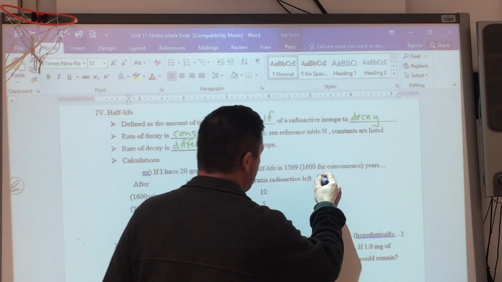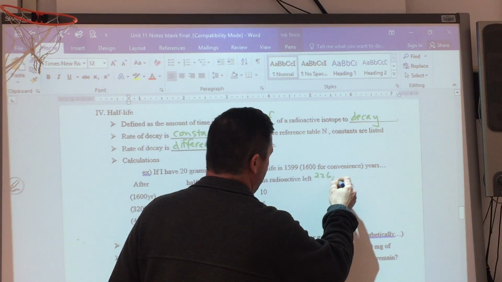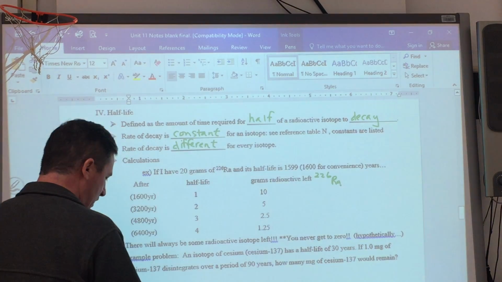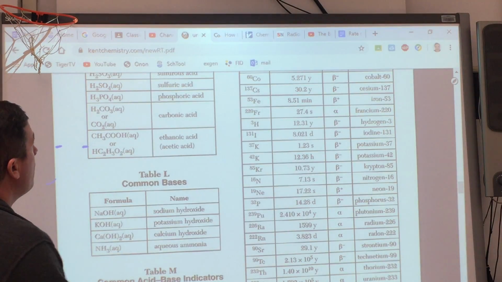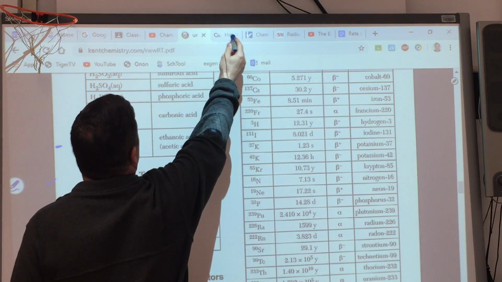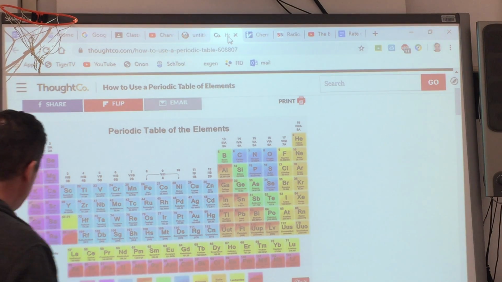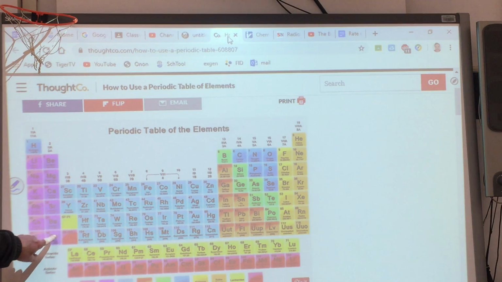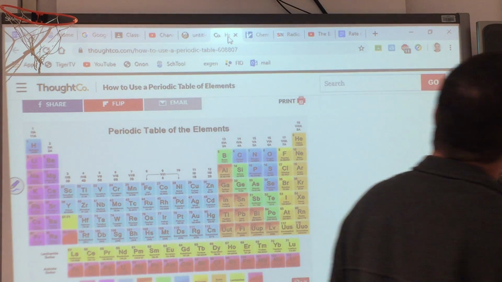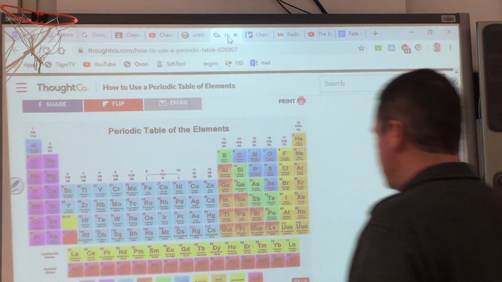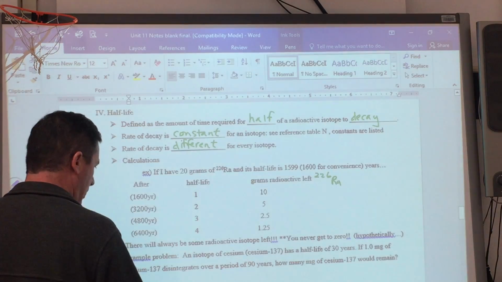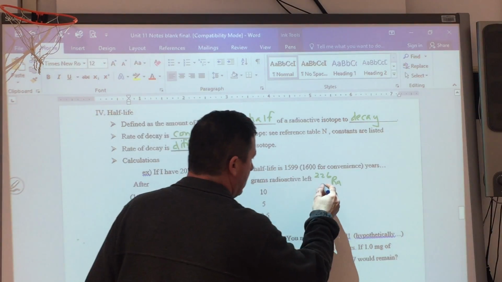So I've got 226 radium. Let's look up radium. Radium is Ra, so that's down here. It's a little hard to read. Radium is 88. That's 88.